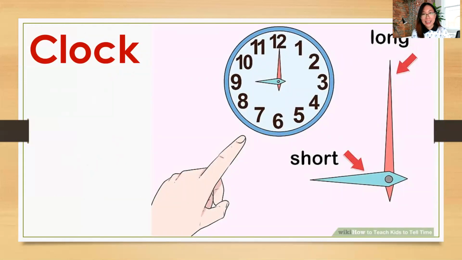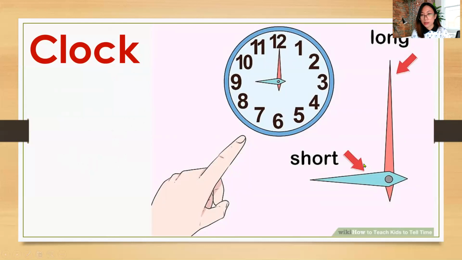Okay. Here we see our clock. Notice the blue hand and notice the red hand. The blue hand is short.